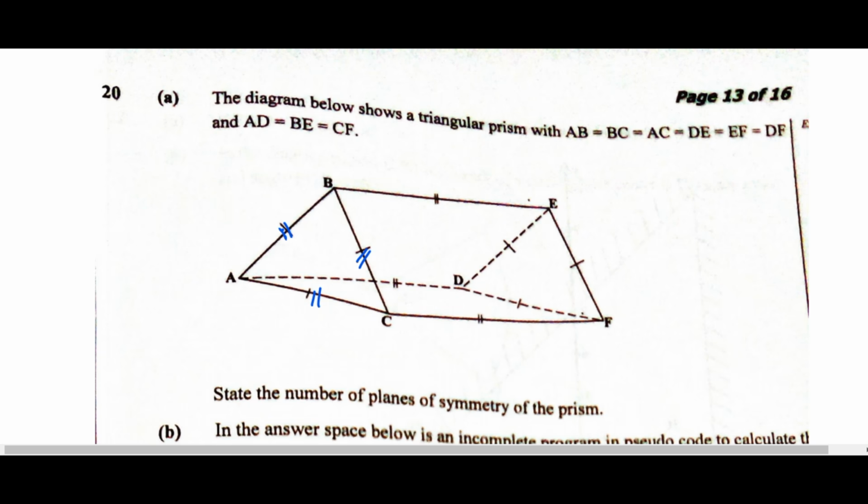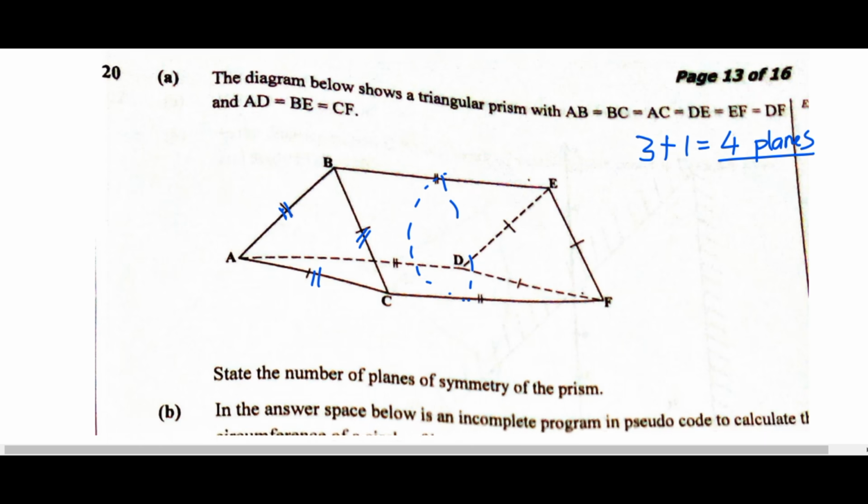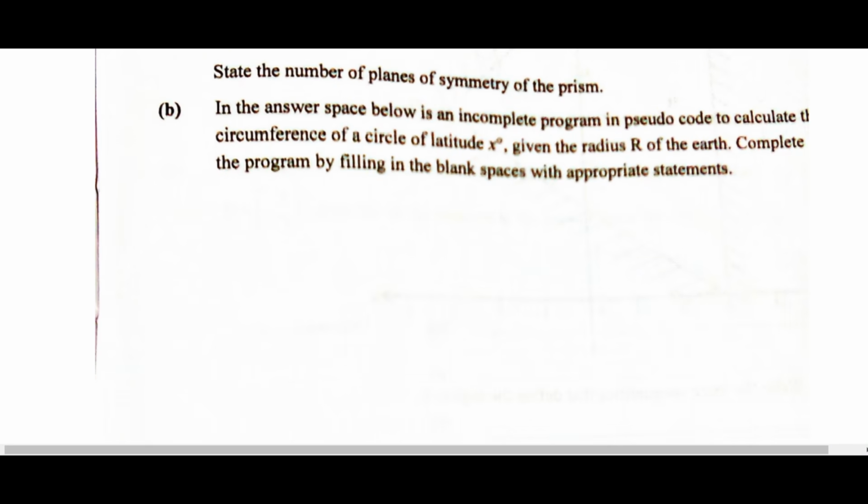So it's 3, plus we can also cut this way, so it's 3 plus 1, which is 4 planes of symmetry. This is the pattern. If the sides were 4, it's 4 plus 1, 5 plus 1, as long as they are of equal sides. Now let's go to question B.